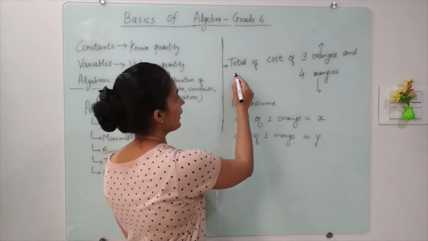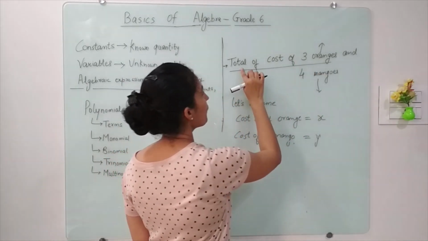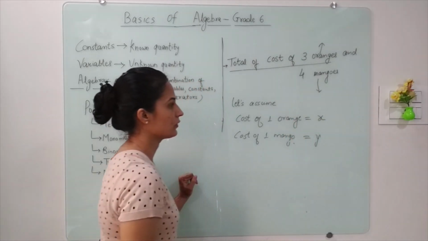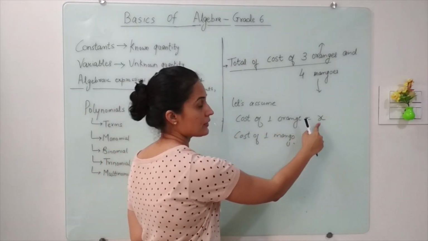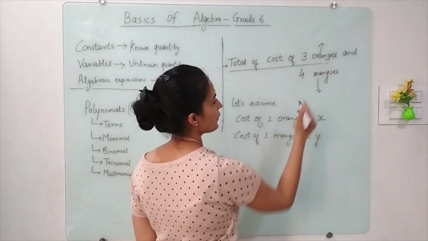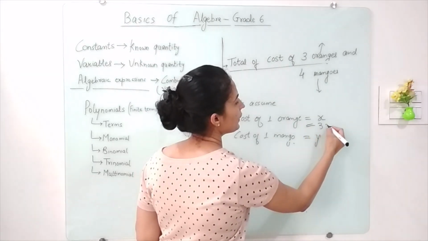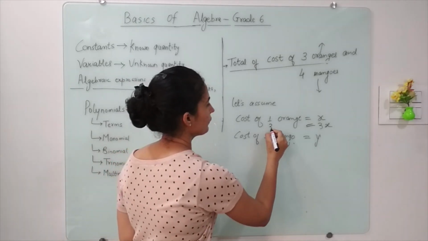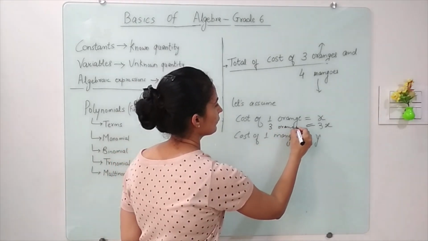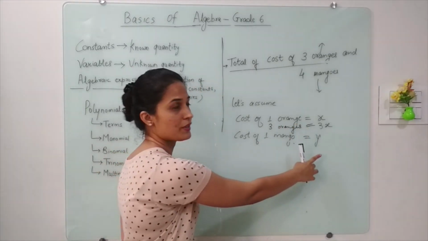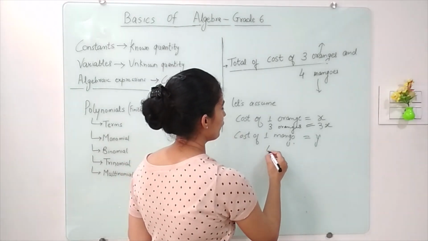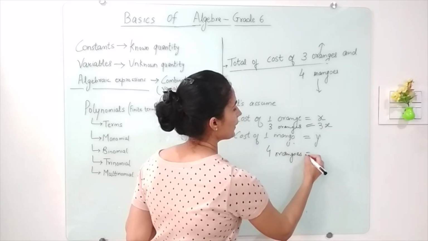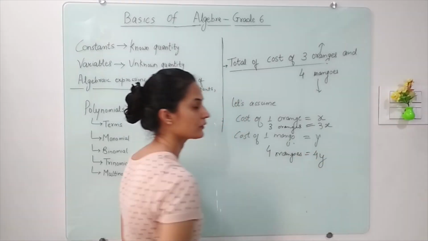Now the expression that we want to form is total of cost of 3 oranges and 4 mangoes. Now if the cost of one orange is X, then cost of 3 oranges will be equal to 3 into X. Similarly, if the cost of one mango is equal to Y, then the cost of 4 mangoes will be equal to 4Y.